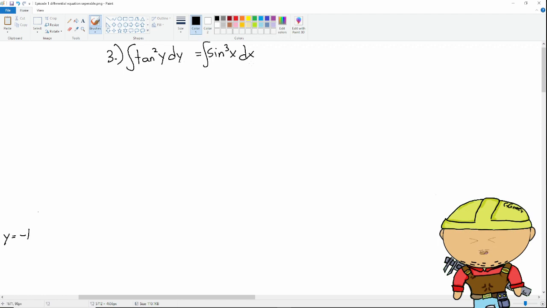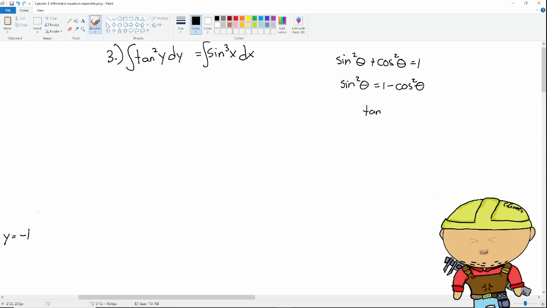First off, we can use trigonometric identities. For example, we know that sine square theta plus cosine square theta is equal to 1. Then sine square theta is equal to 1 minus cosine square theta; we simply move cosine square to the right side.